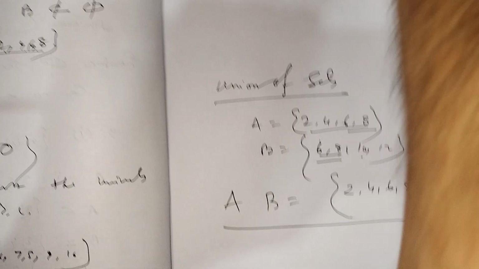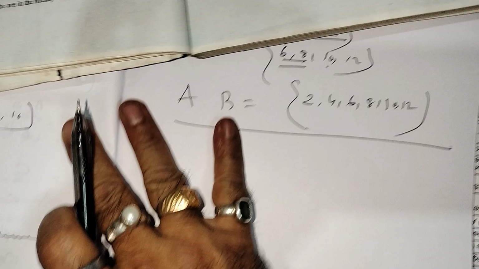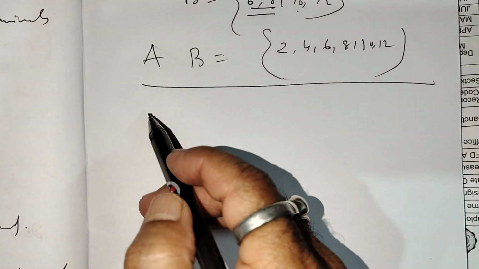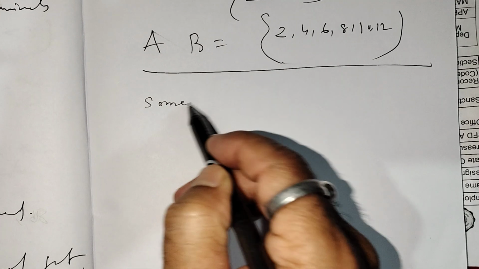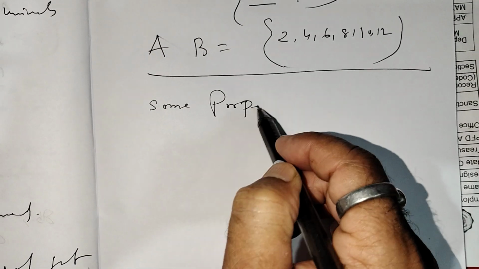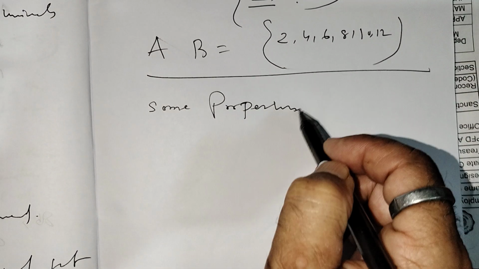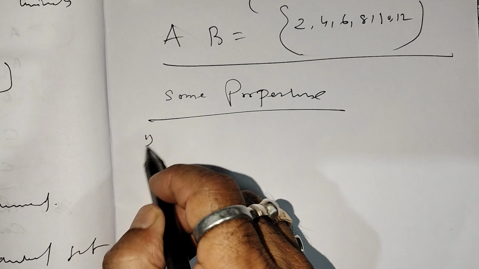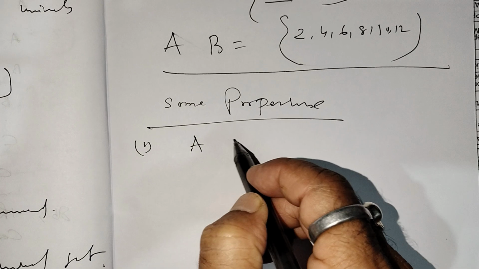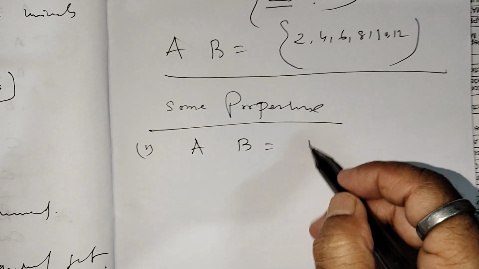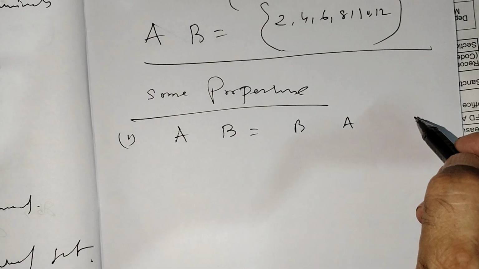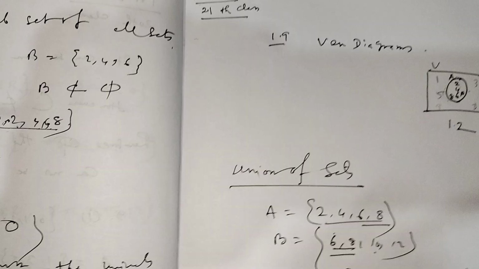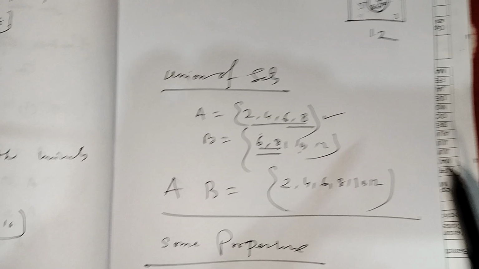And now next, some properties. It is very important. Students, follow it. Number one, A union B is equal to B union A. Here is A and B, so the elements are 2, 4, 6, 8, 10, 12.